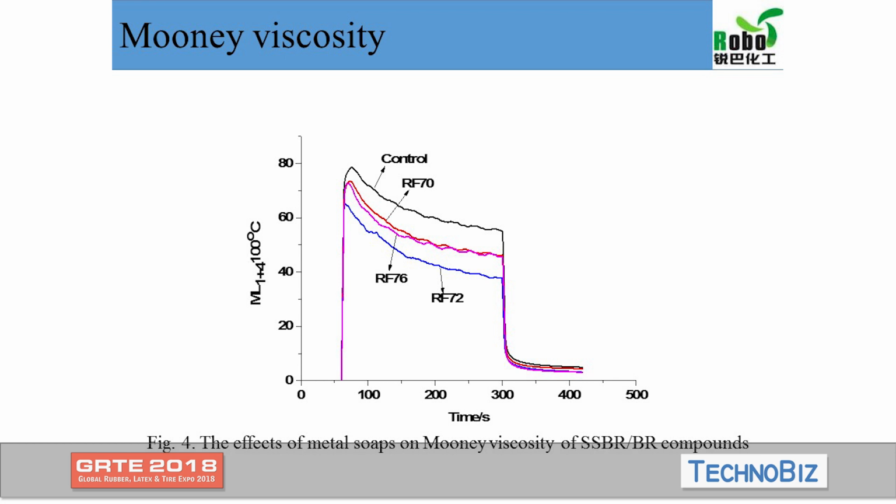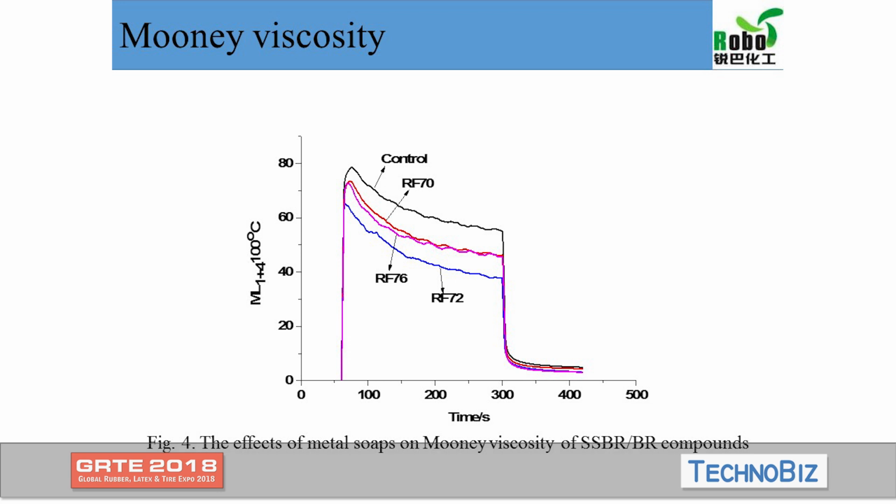From the picture, we can see that metal soap effectively reduces the Mooney viscosity of rubber compound. As I have discussed earlier, the metal soap is considered to form micelles in the rubber compound.